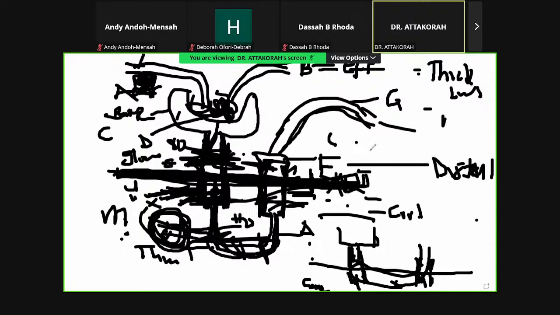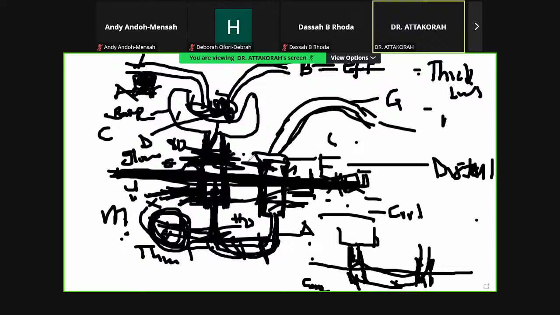So in chronic kidney disease, what we say is that there's a poor cortical medullary junction. It means something has happened to this, so it's not making the boundary good. But we don't say the boundary is not there at all.